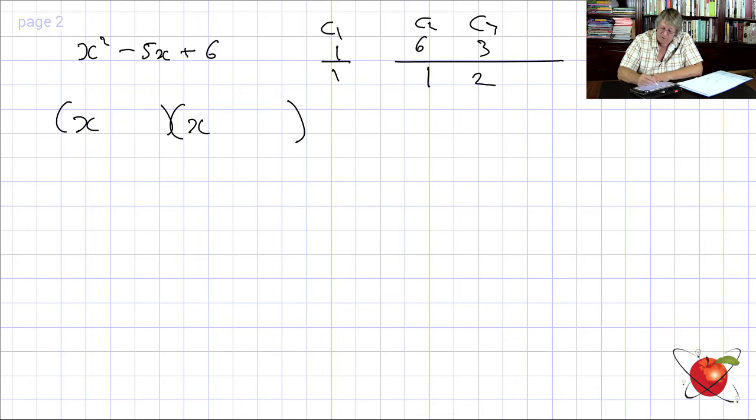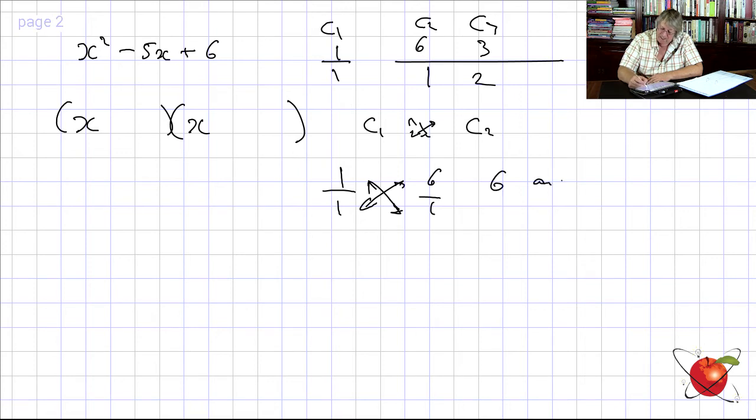Column 1 cross multiplied, column 2, cross multiplied, not multiplied out, is 1, 1 cross multiplied with 6 and 1 gives us a 6 and a 1. It means that it's either 6 plus 1 or 6 minus 1, which is going to be 7 or 5.